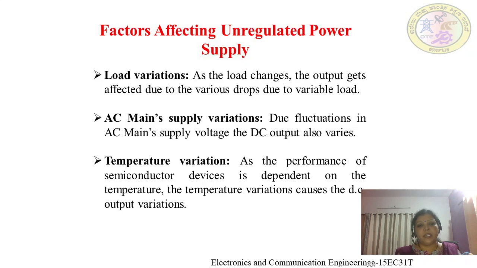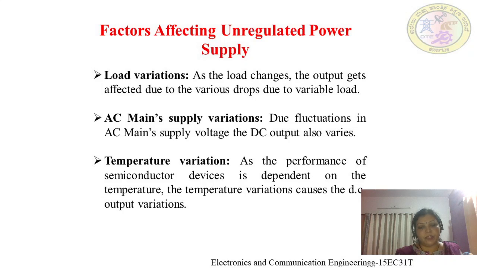The second point is AC main supply variation: if the AC main supply voltage increases, it also increases the output DC voltage, which again should not happen, because it should always provide a constant output. Any increase or decrease of DC voltage at the DC regulated power supply stage should not happen.